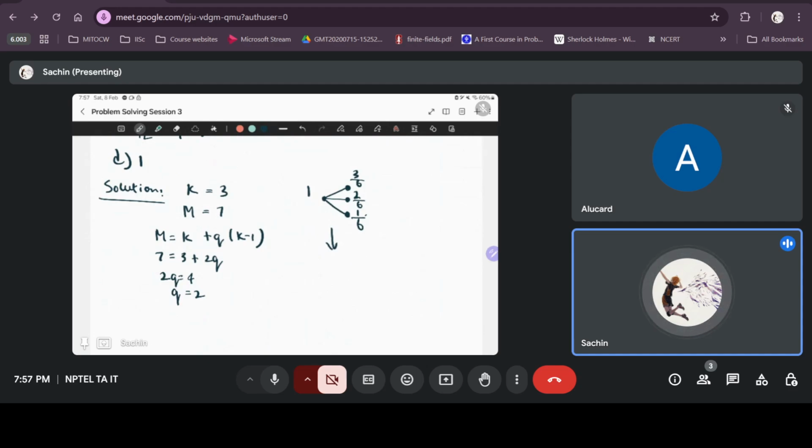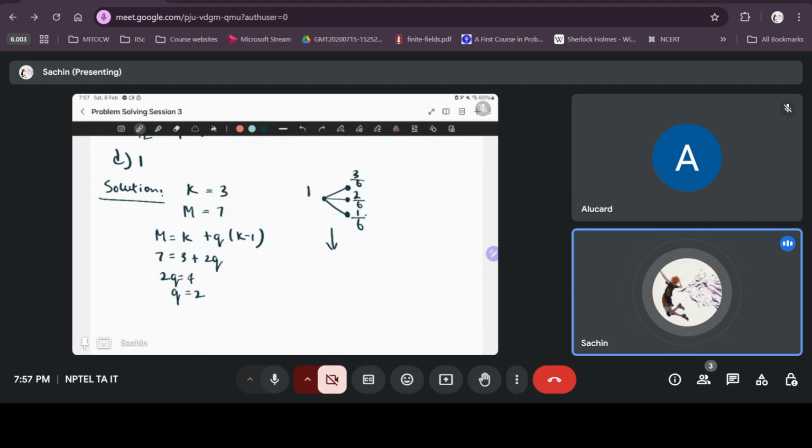Each time you do that, you are removing one leaf and adding K leaves again. So in total, you are increasing the number of leaves by K minus 1. If you do that Q times, then the total number of leaves you add is Q into K minus 1.